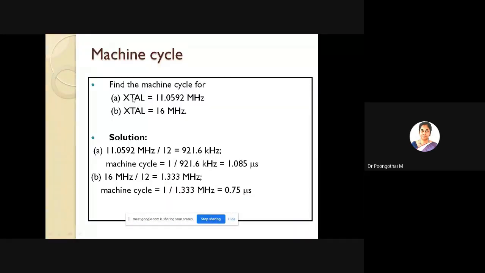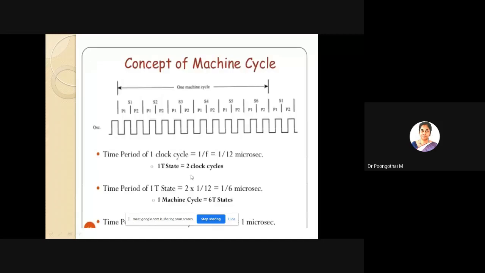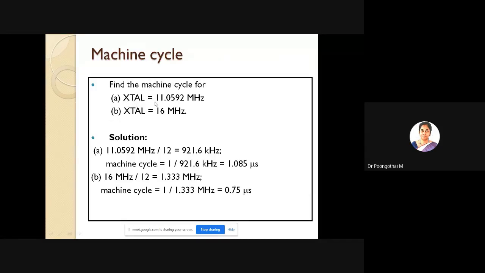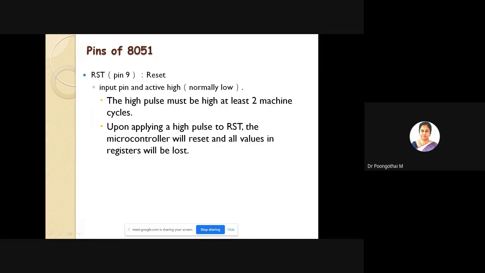For example, suppose your external oscillator frequency is 11.0592 megahertz. With 12 megahertz, the time period for one machine cycle is equal to 1 microsecond. Here the external oscillator frequency is 11.0592 megahertz, so the time required for one machine cycle is 11.0592 megahertz divided by 12. It is internally divided by 12.